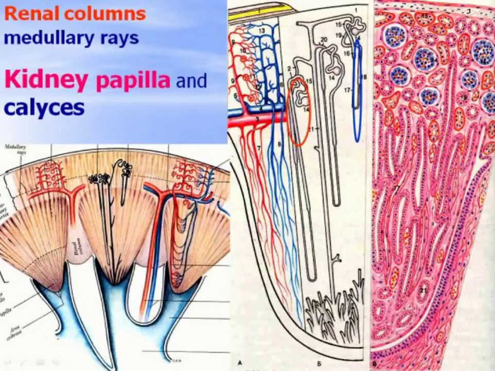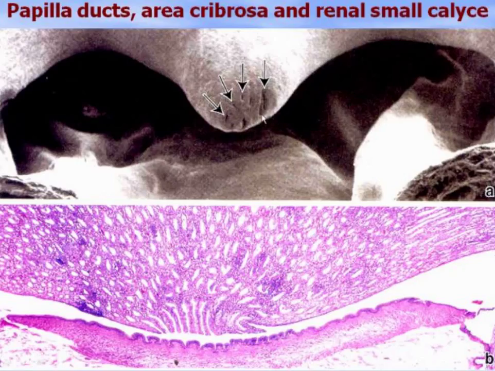The scanning electron microphotographs nicely demonstrate the apex of a renal pyramid, lobule, papilla, and papillary ducts visible on the section. It's called area cribrosa, and a renal small calicle, lined by transitional epithelium.